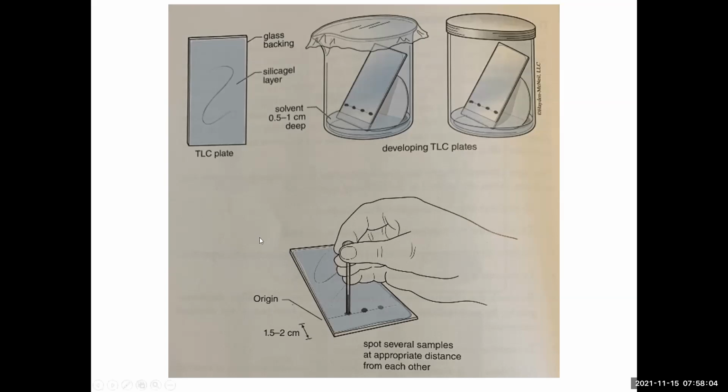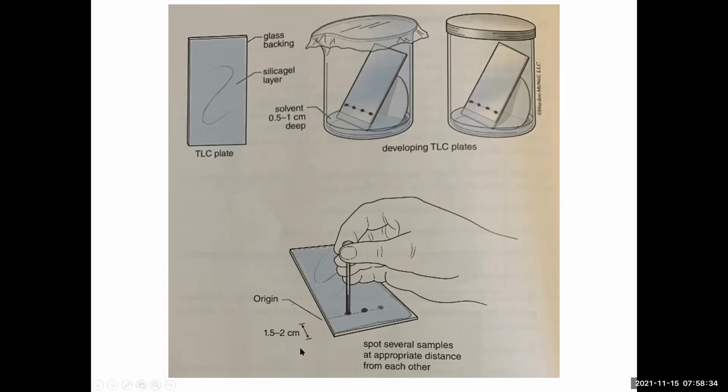So we would take this plate and we'll use a pencil. Pens have organic inks in them that can move along with the plate, so we would not want to use a pen with ink in it. We would just want to use a pencil, which is just made of graphite. And we'll draw a straight line on the bottom of the plate. Most people use a ruler to make sure the line is really straight, unless you're very good at freehanding a straight line.